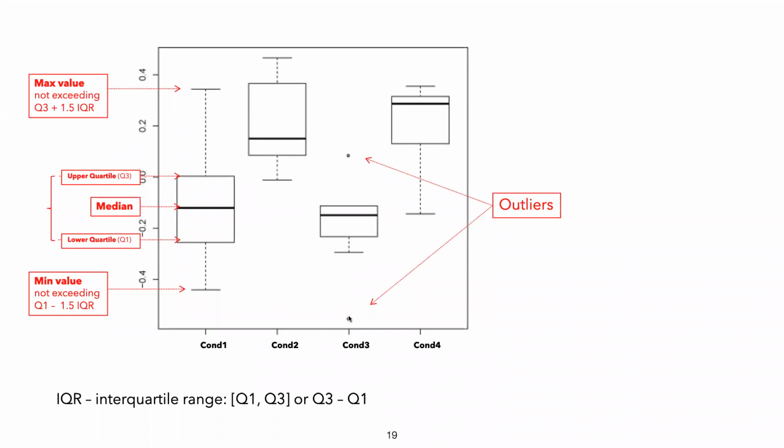Outliers are observations from a sample that are very distant from the rest of the data. The minimum and the maximum value represent 95% of all the data. And if you have some observation that is much different from the rest, that's going to be called an outlier.